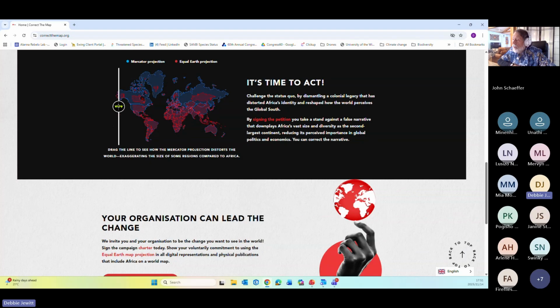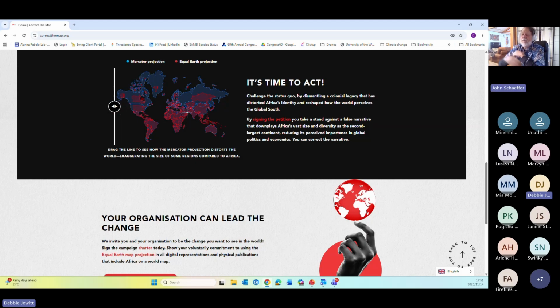Because on the previous maps, it always used to make Africa look really tiny, and not have significance in terms of area on a global scale. However, when you change map projection, you can just see how Africa is actually quite a big place.